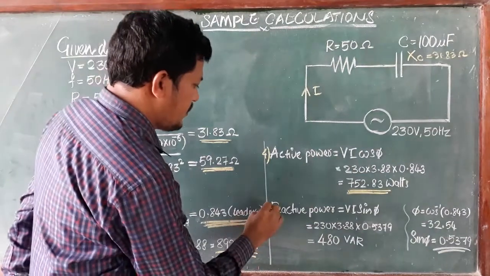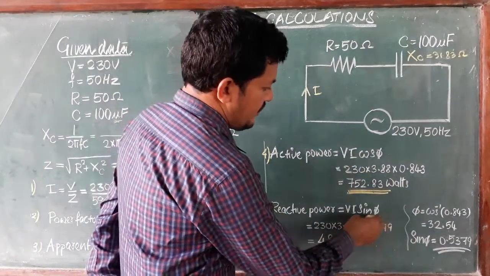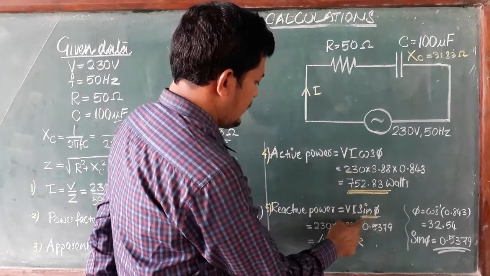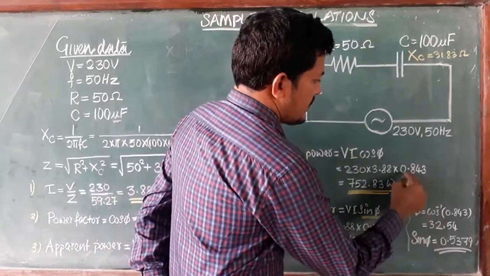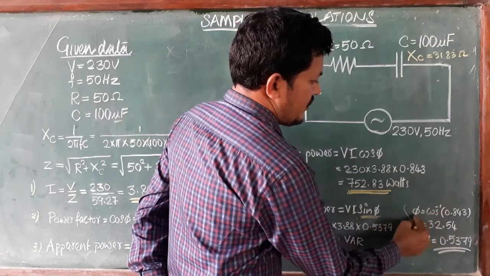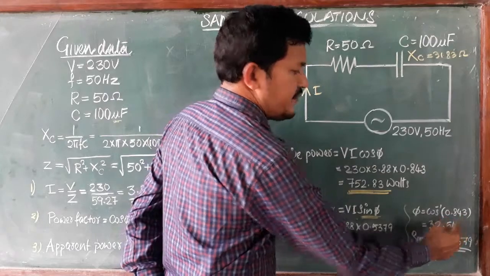Next is reactive power. To find the reactive power, we should know the sin phi value. Active power uses cos phi, and reactive power uses sin phi. We know cos phi equals 0.843, so phi equals cos inverse 0.843.